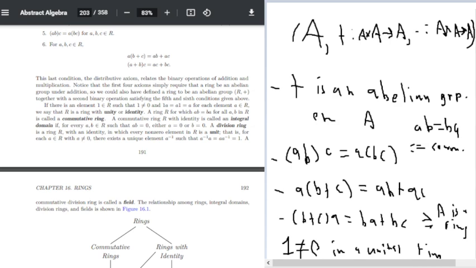A commutative ring R with identity is called an integral domain if for every a, b in R such that ab is equal to 0, either a is equal to 0 or b is equal to 0. I won't do too much because it goes more into integral domains later. So let me carry this entire part to the whiteboard, and let me bring an example of something that is not an integral domain.